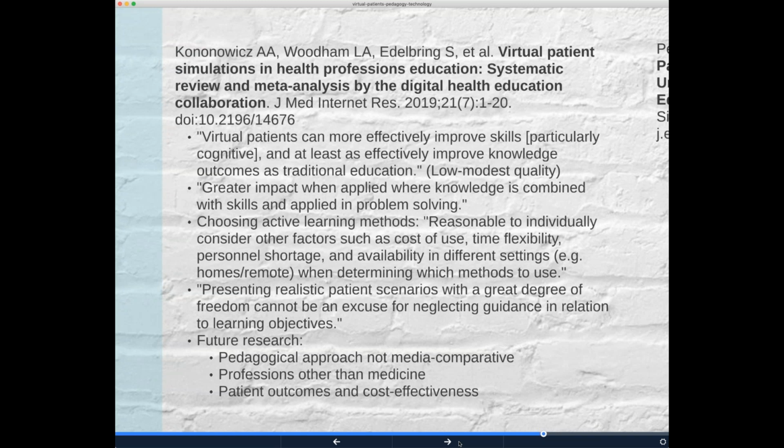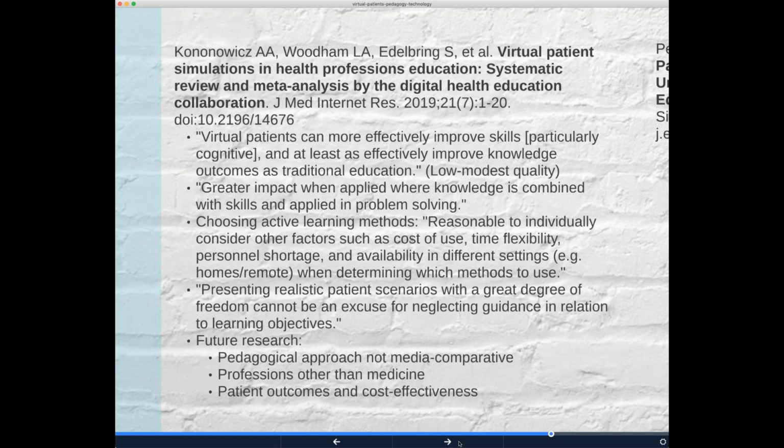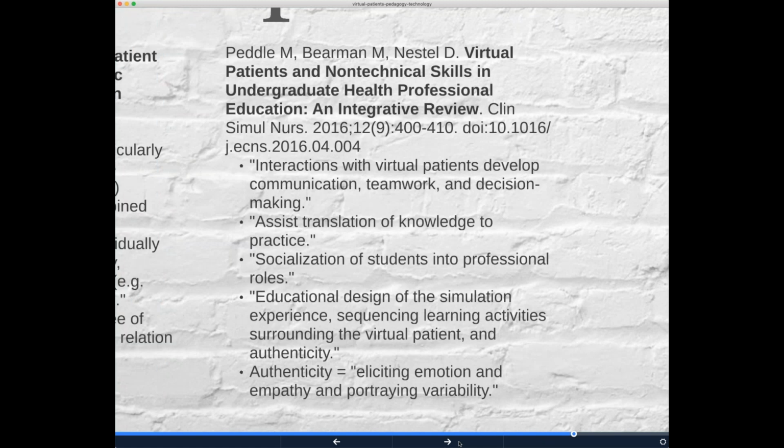So again, there's opportunities for cost effectiveness comparisons there. Another paper by Peddle and colleagues looked specifically at non-technical skills in health professional education, slightly less focused on medicine and looking at other health professions, but still included medicine.